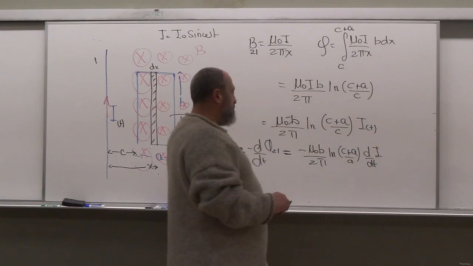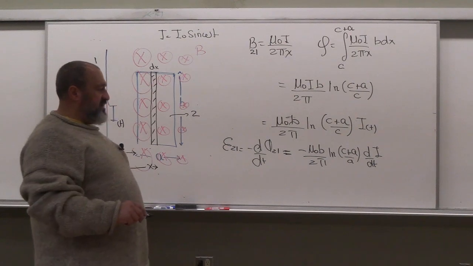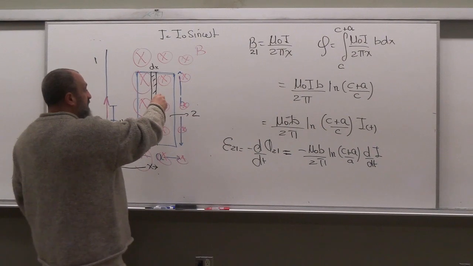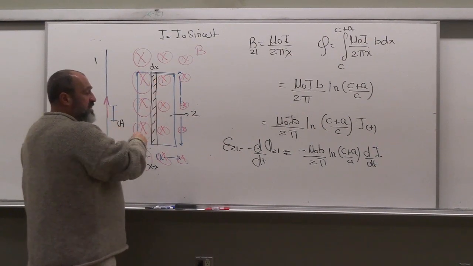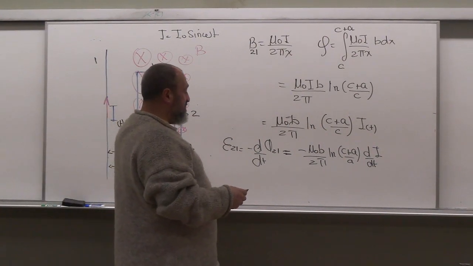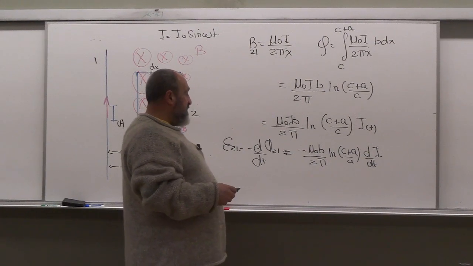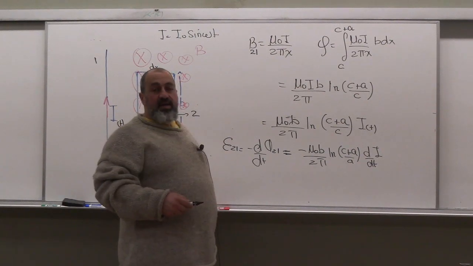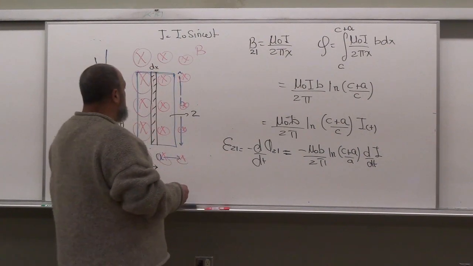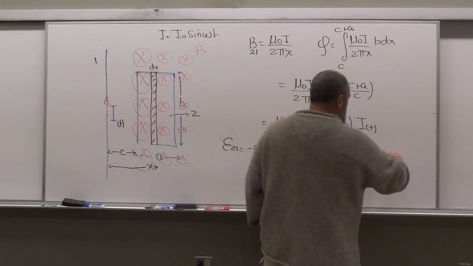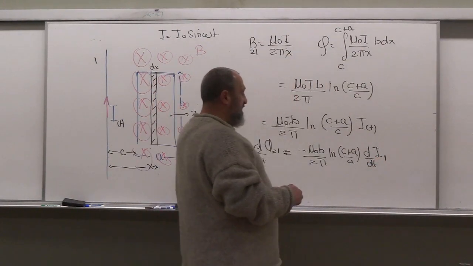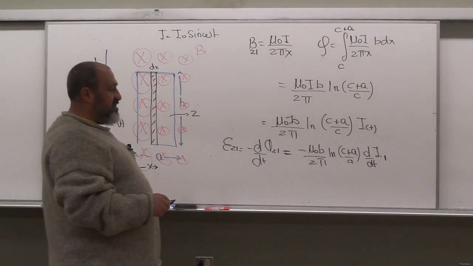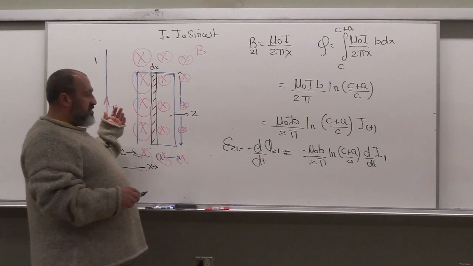Okay, so now we have something interesting here. We have the epsilon induced in 2 from object 1, which is negative d by dt of phi in 2 from 1, right? So this is I1. And we have an interesting concept now that we have something being induced from another object.